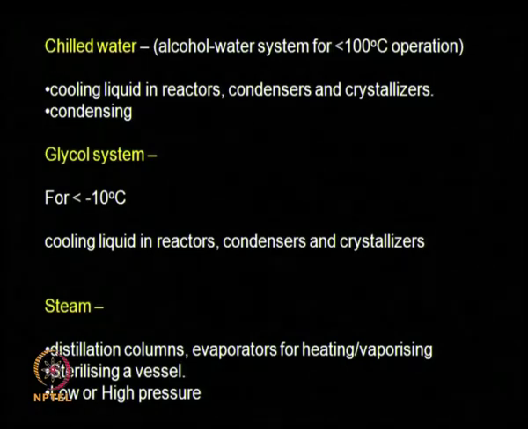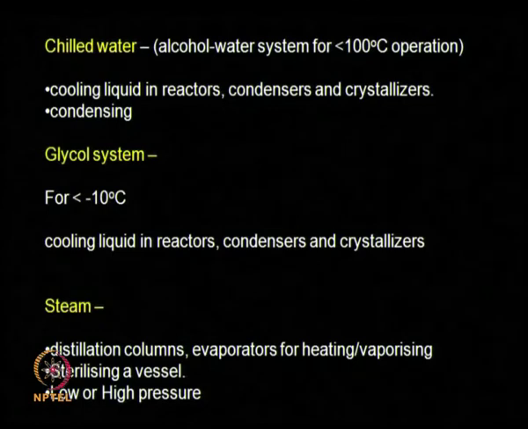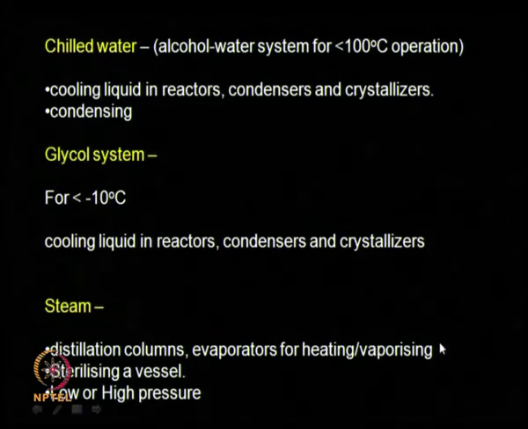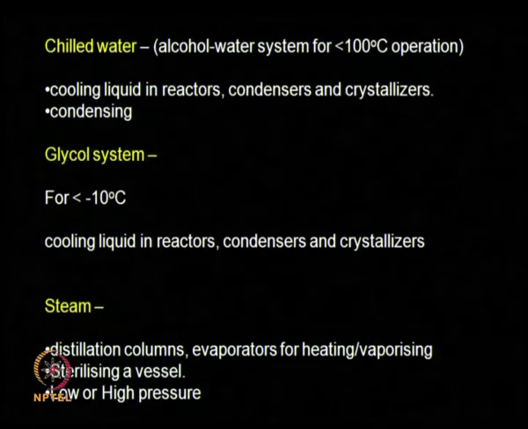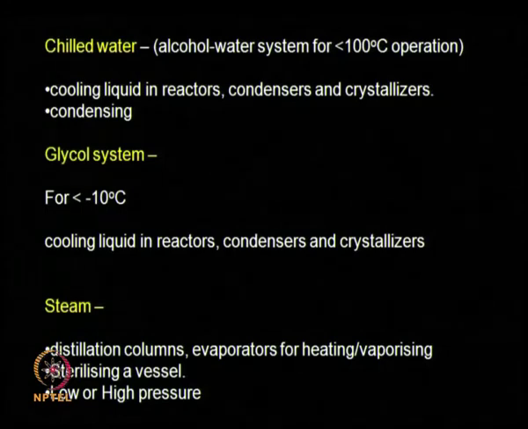Now steam is used for heating in distillation columns, in evaporators, for heating, vaporizing, sterilizing a vessel, because most of the reactors before startup have to be completely sterilized. So there we use steam. We can use low pressure steam or high pressure steam.